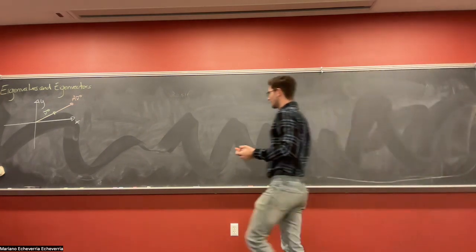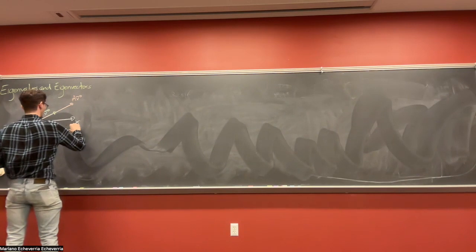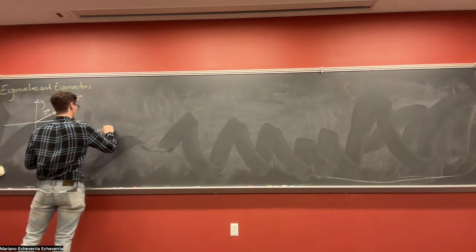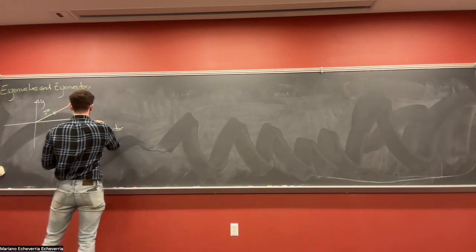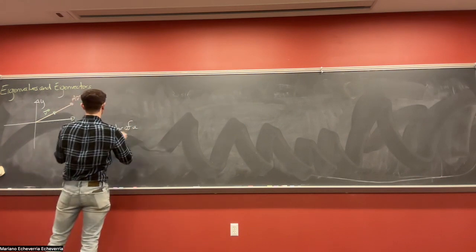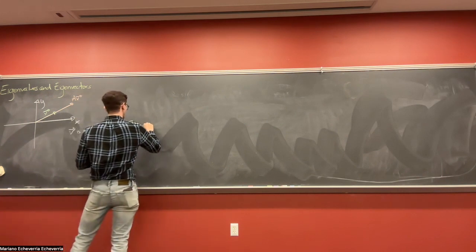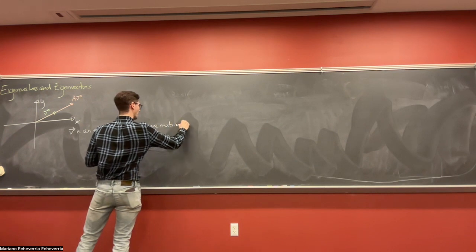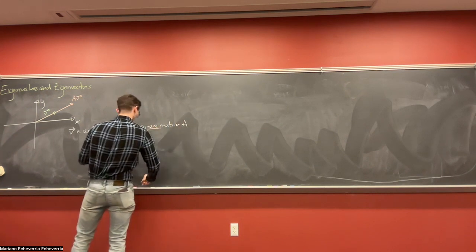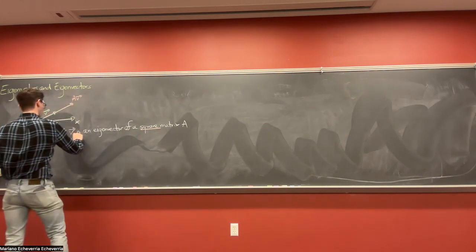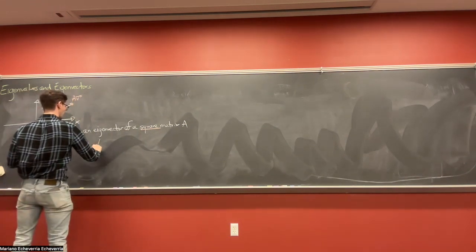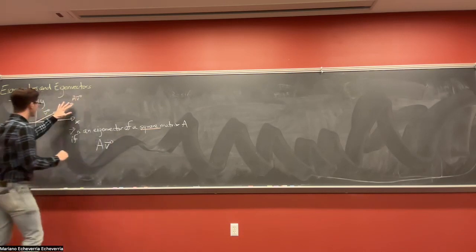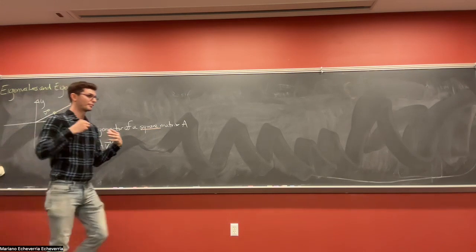So an eigenvector of a square matrix A. It's important here for the matrix to be square. So, for a vector v, what does it mean to say that the new vector is on the same line as the original vector?